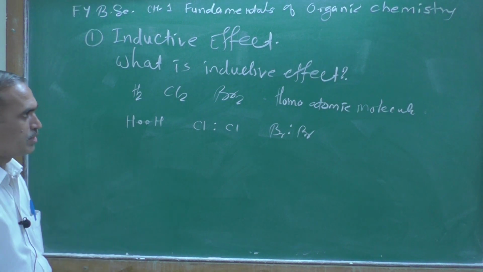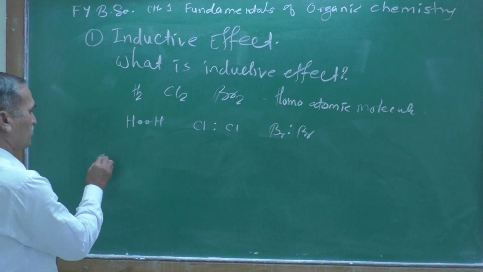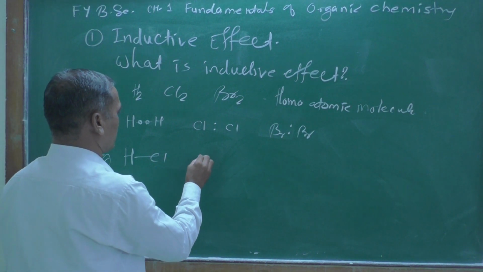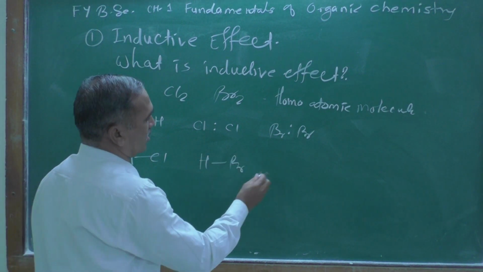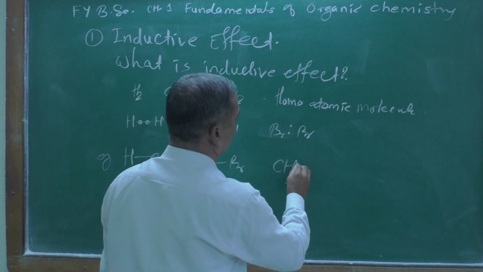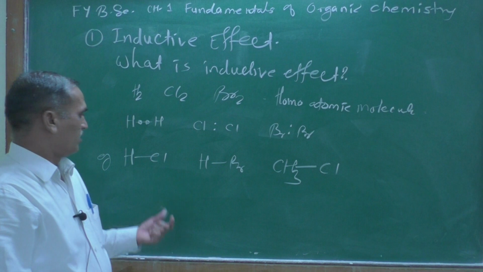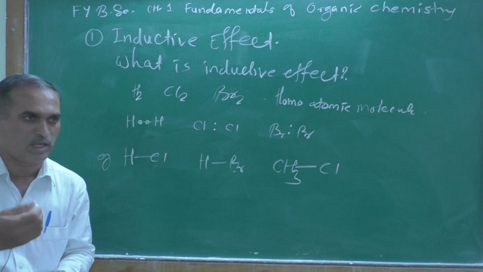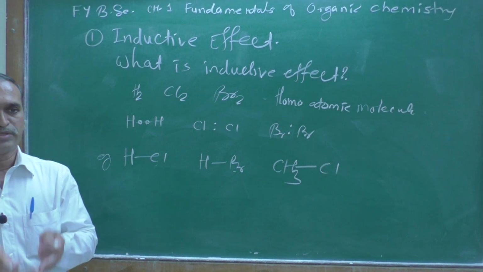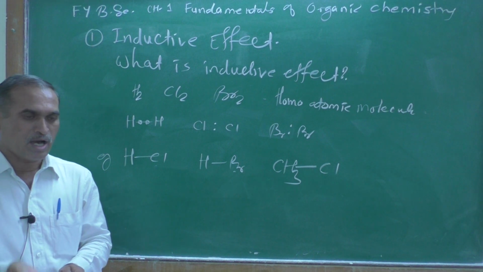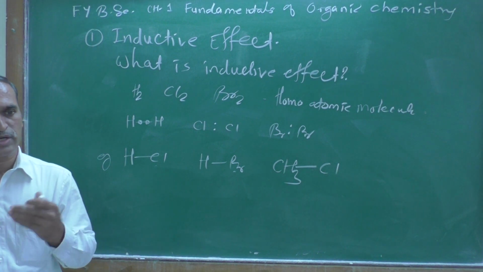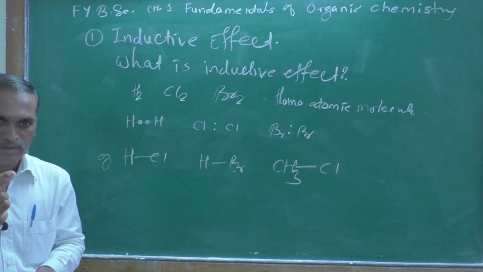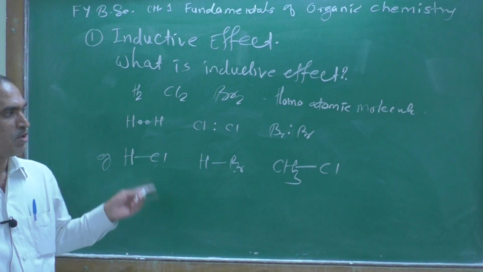For example, suppose we have HCl or HBr. Look here, the chlorine atom and bromine atom are more electronegative in nature, and therefore they pull the electron density more toward themselves.